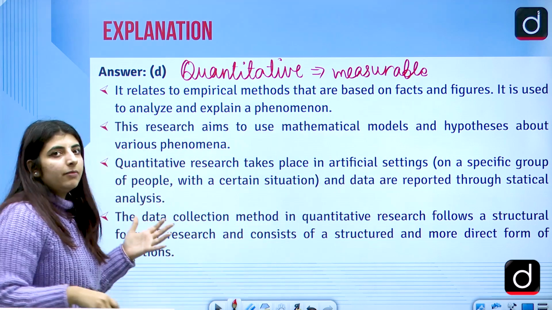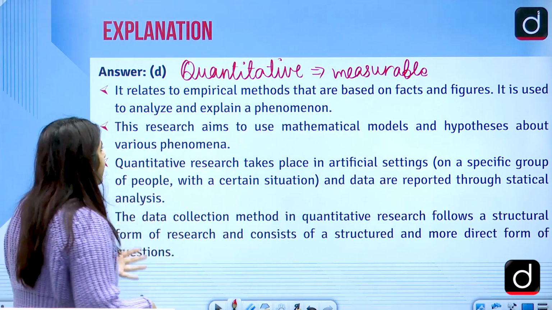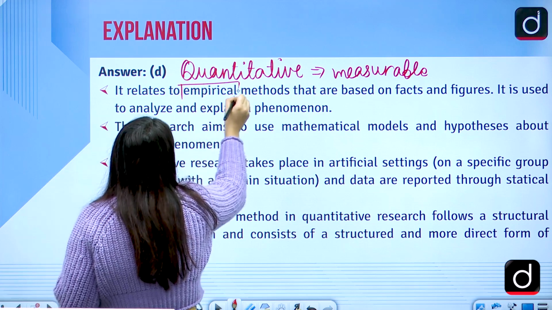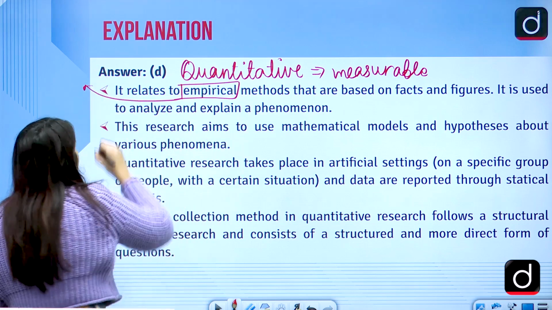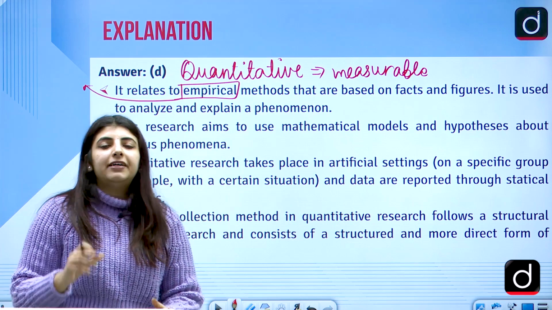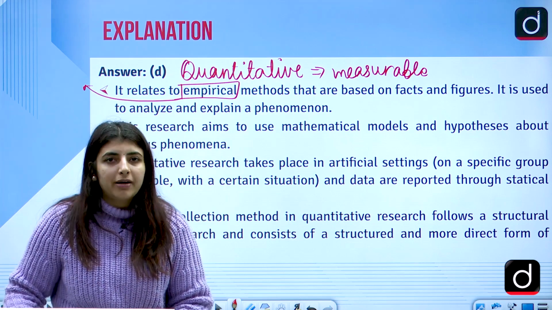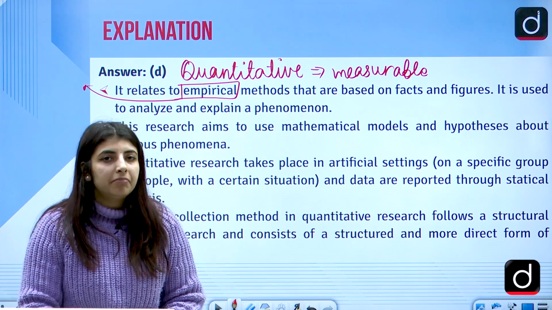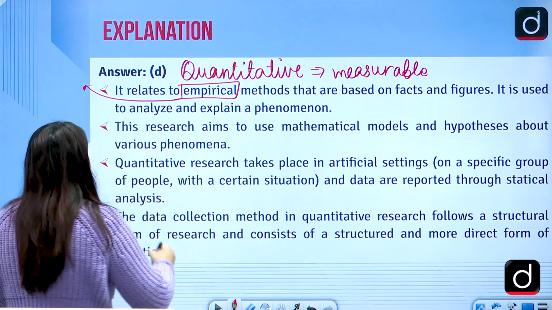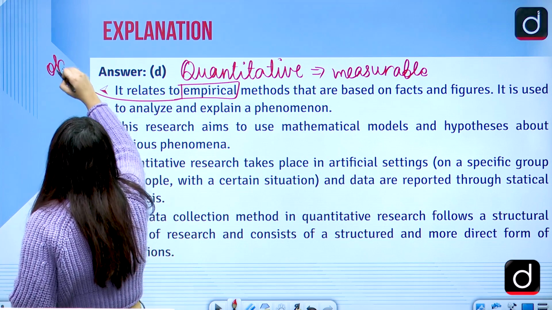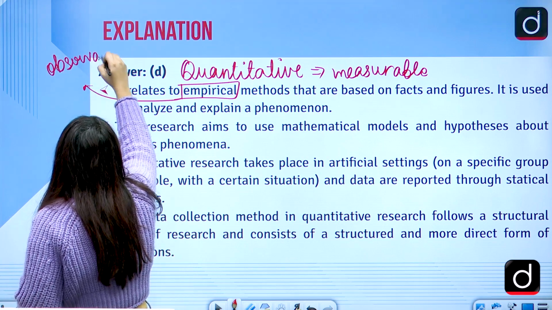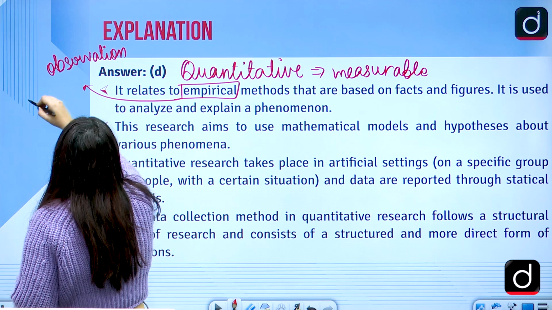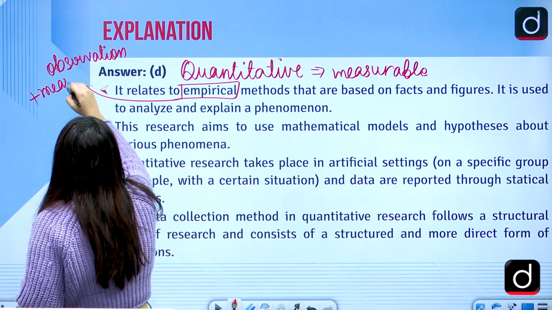Another thing, if we read the explanation of the answer, it says that it relates to empirical methods. In one of the previous videos, we did different kinds of research paradigms, where I told you that empiricism talks about observation and measurement as well.